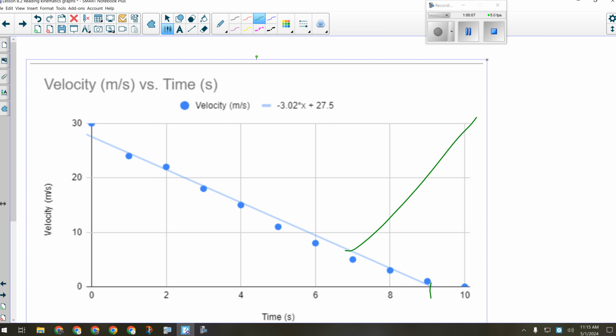I want you guys to calculate a couple things using this graph.